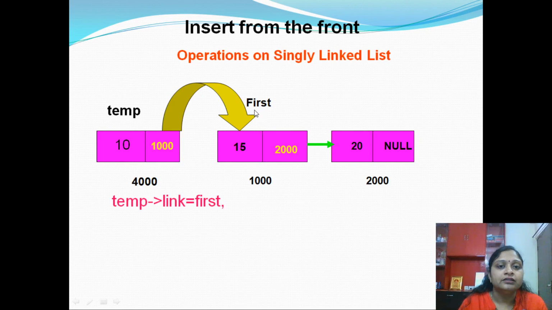Earlier this was the first node, but when you connect this node with the earlier first node, this newly created node becomes the first node. So what code do we write for this? Temp is the temporarily created variable. temp link is equal to first. This is how you can connect the newly created node with the existing linked list.